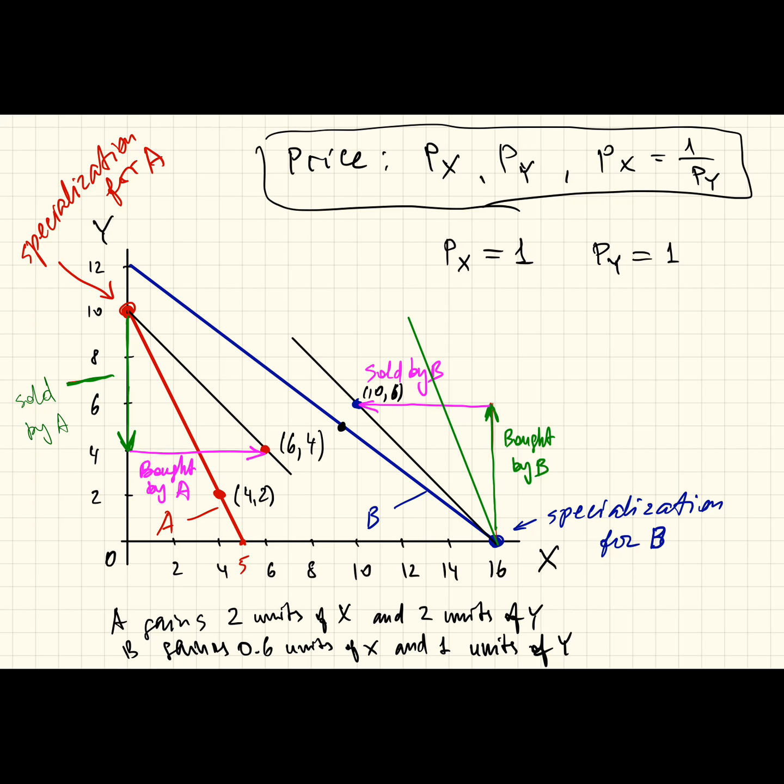So you can see that according to this tilt, person B will be benefiting more from a trade. But as this line is tilting out, the line person A is dealing with actually will be tilting in.